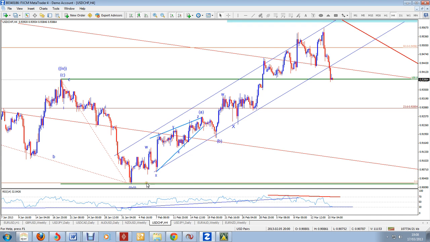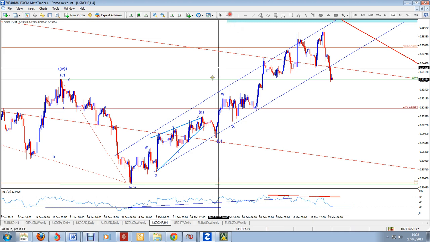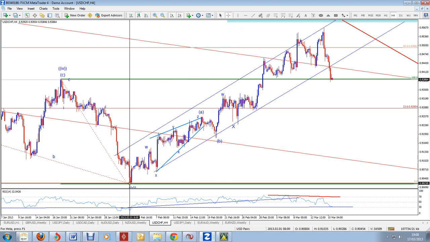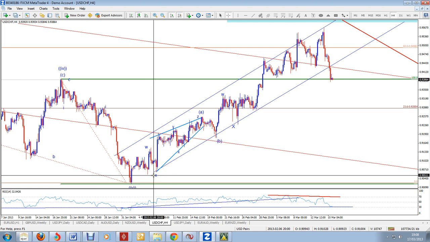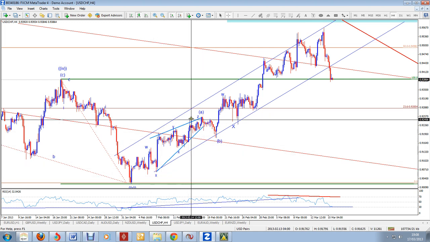So it is possible, but in other words, we might finish up instead of putting this as the WXY, we might finish up this as the wave A, minor B, and then this one as a C with A, B, C, D, E.